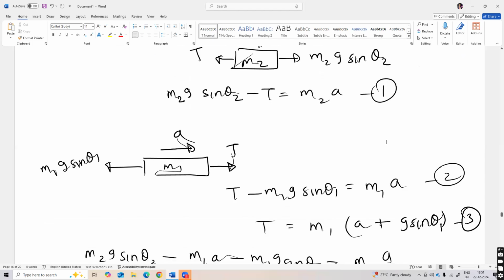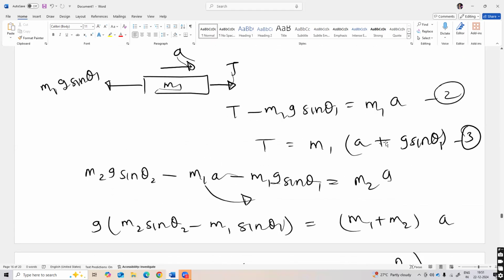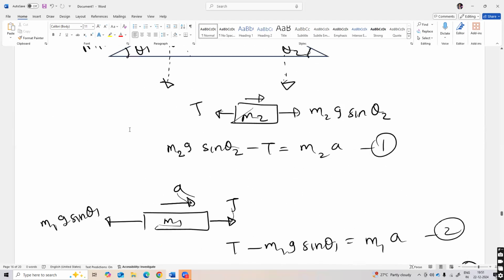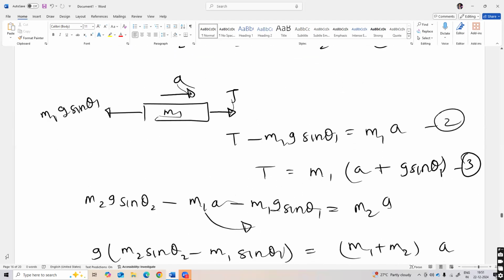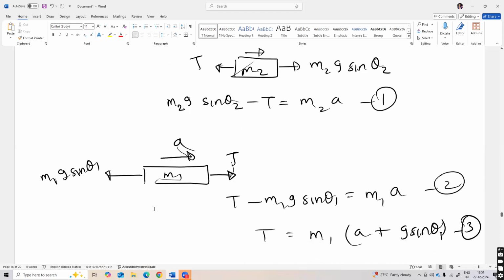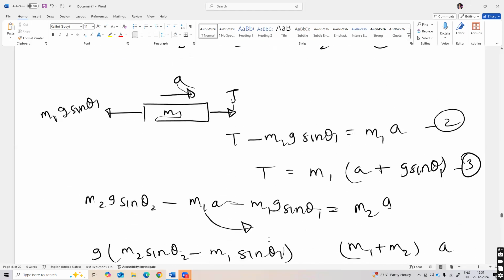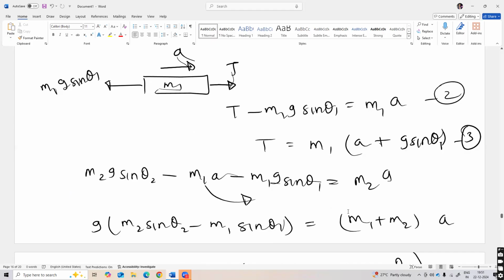So we got T is equal to m1 times a plus g sine theta 1. Now if we put this into equation 1, we get m2 g sine theta 2 minus m1 a minus m1 g sine theta 1 is equal to m2 a, correct.